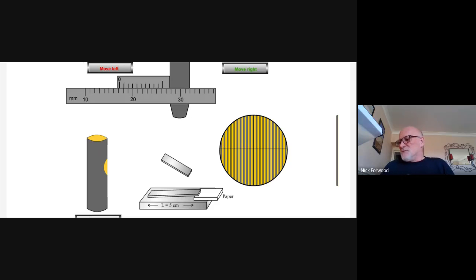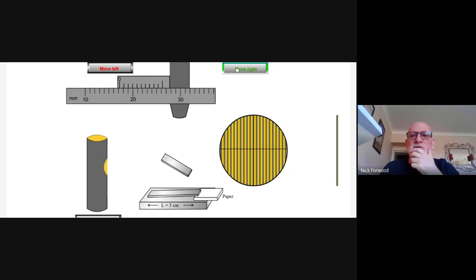Don't worry if you don't quite see what's going on here at the moment. 17.2. Okay. Now the traveling microscope will move along, and as it does, you'll see the crosshairs move across the pattern here.